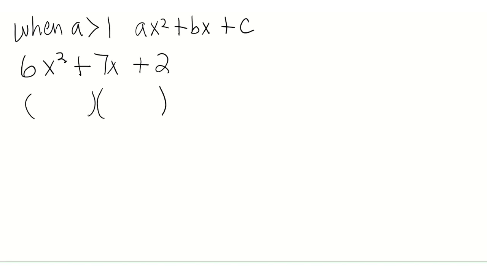So that tells me that I'm going to need to multiply the coefficient of a times the coefficient of c. So that's going to give me my 6 times 2, which equals 12.